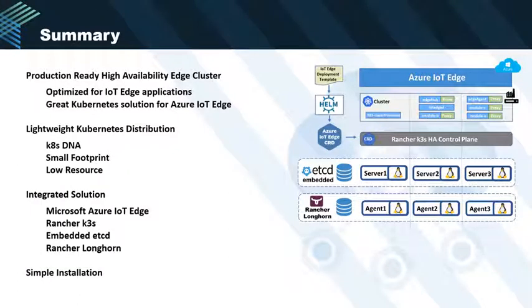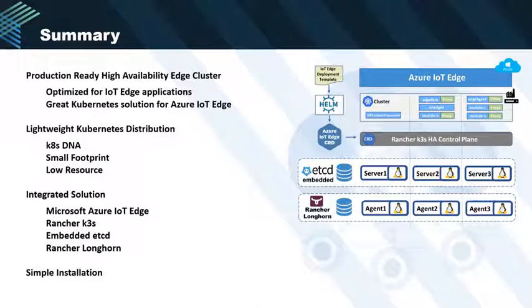So in summary, we've developed an architecture for a very production-ready, high-availability edge cluster. It's optimized for IoT edge applications. It's a really good Kubernetes solution for Azure IoT Edge. We're very pleased with it in terms of its overall architecture, its simplicity, and its smoothness and good data flow.